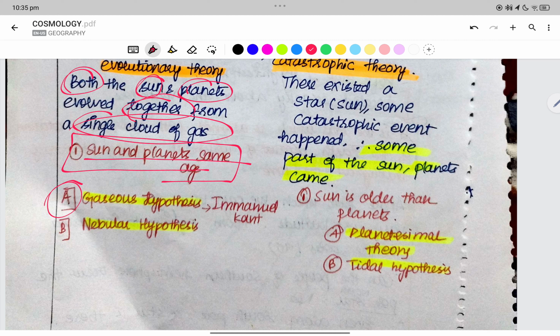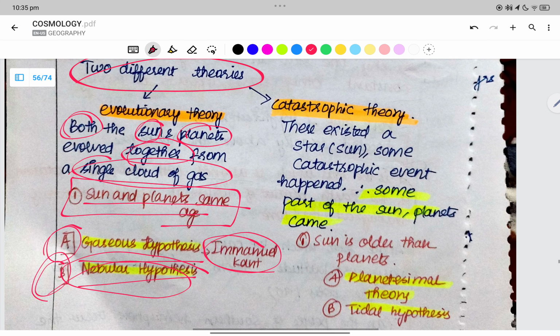Now we have two different types of theories. First is the gaseous hypothesis by Immanuel Kant, and the nebular hypothesis, right? Now, when we go for the catastrophic theory, the star, that is the sun, has already existed, and some catastrophic event happened.